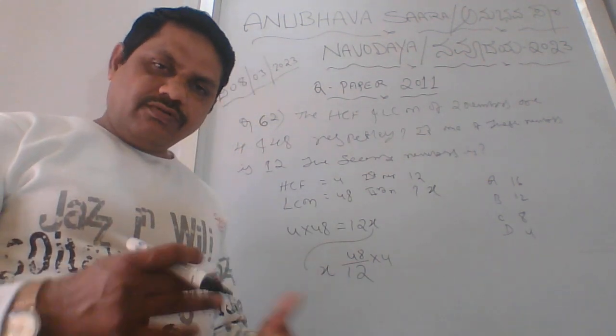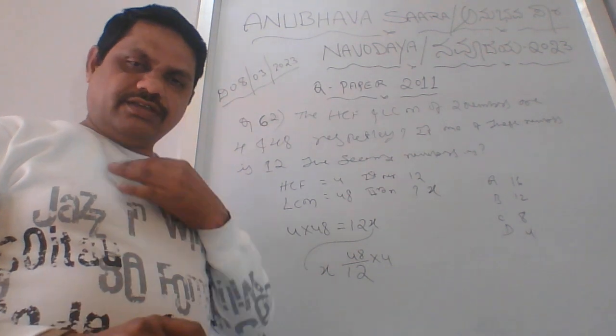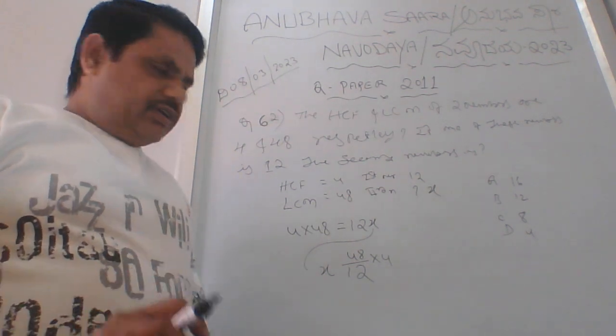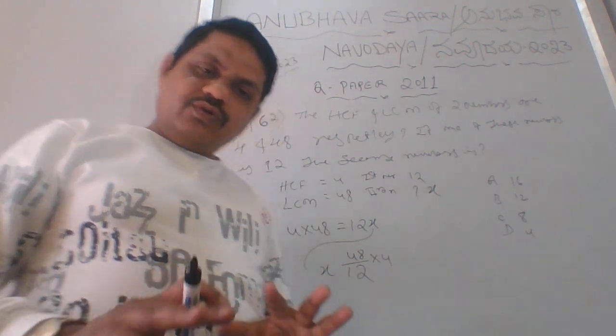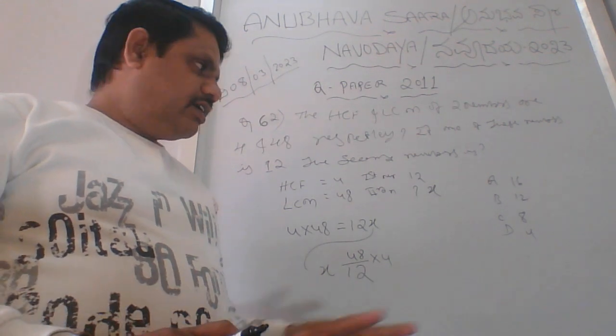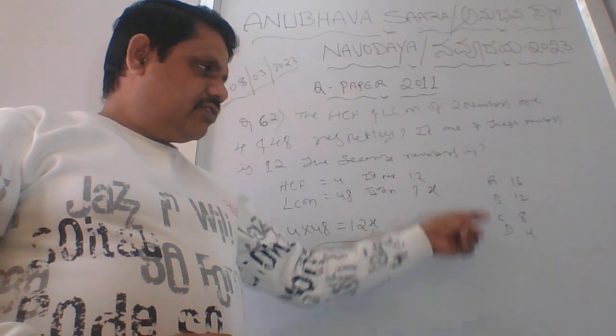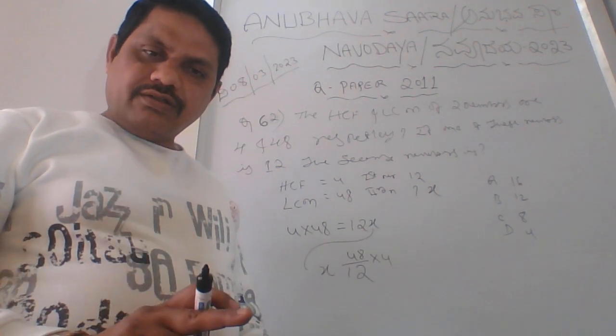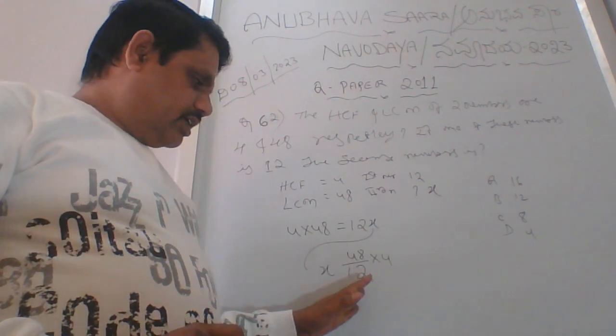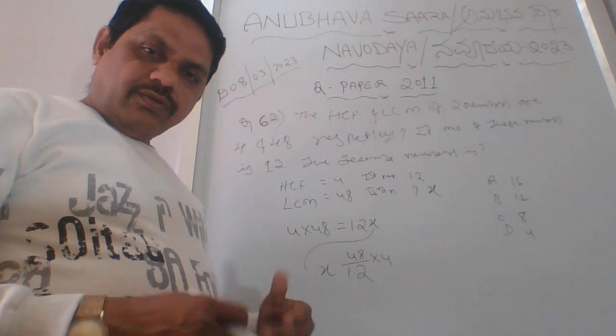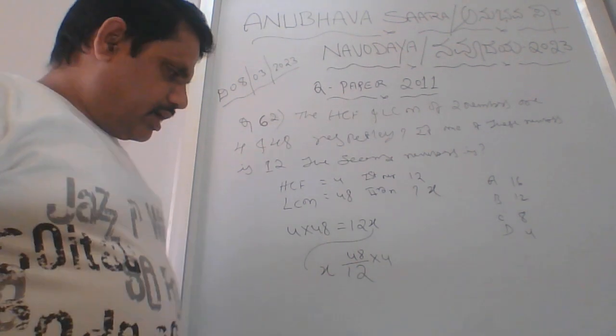Now we have to do division, and whatever number comes, you have to check which is correct and really matches one of the four options. Clear?